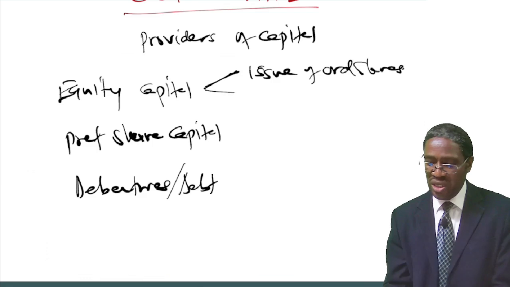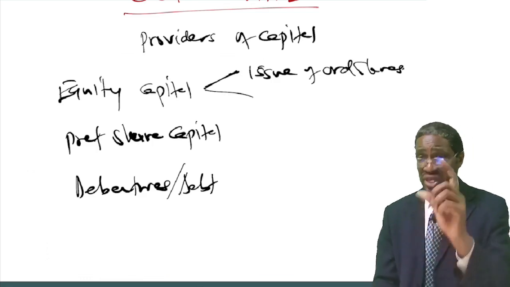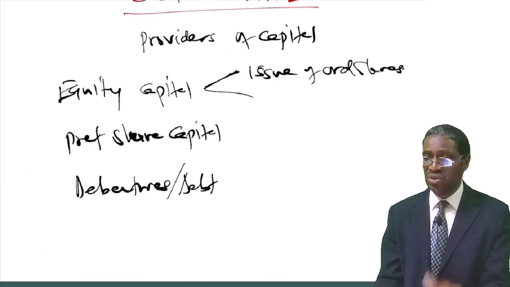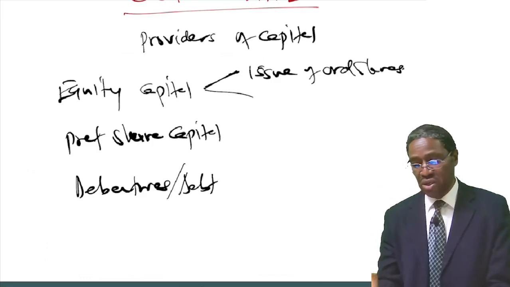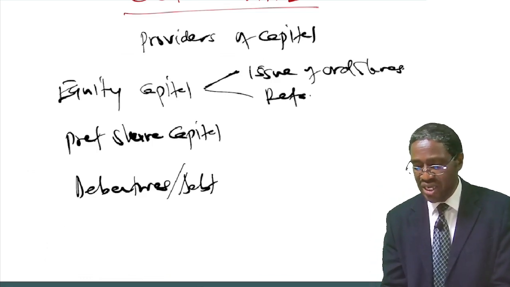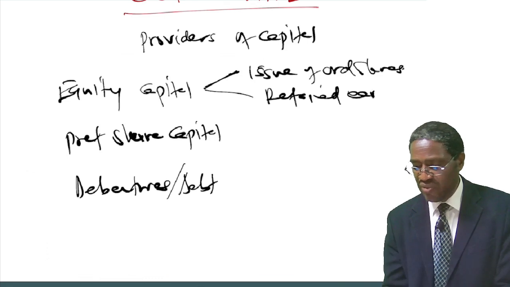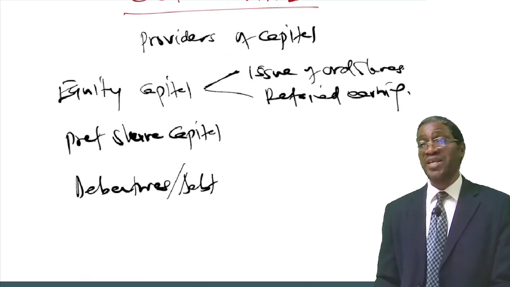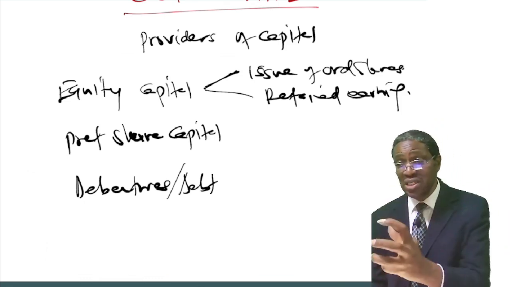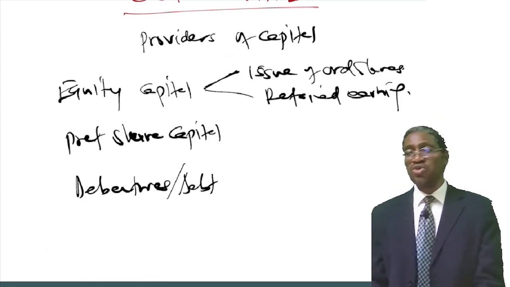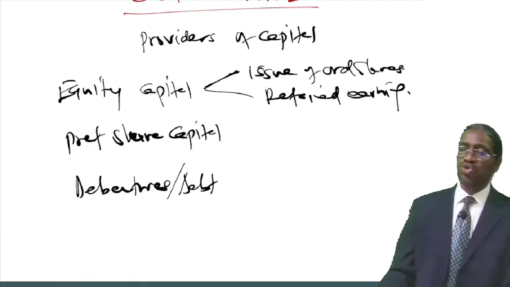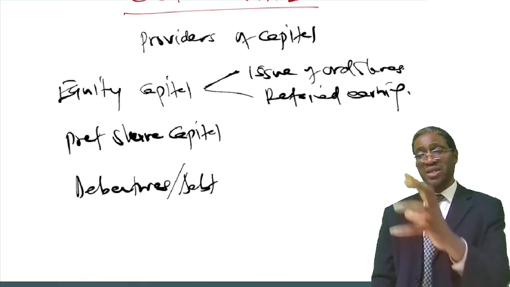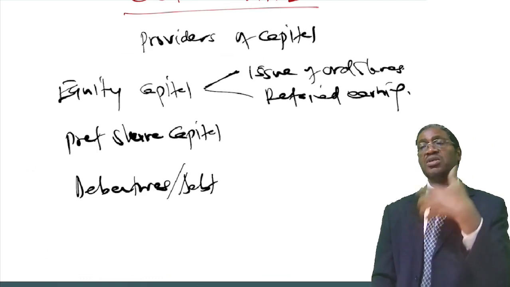The other way is to utilize what we call retained earnings. Whatever the retained earnings in your company are, you can use them to finance your business. You have been retaining some profit over the years. Remember, instead of distributing the profit, you retained it.